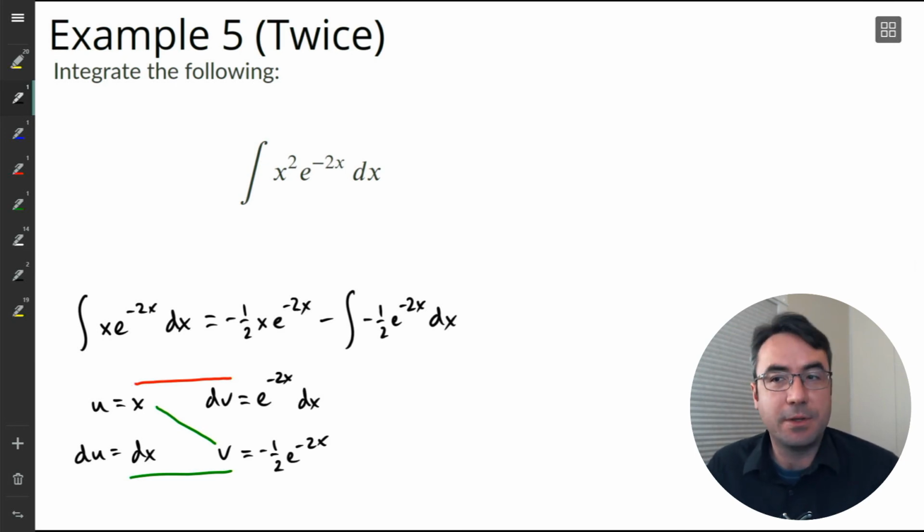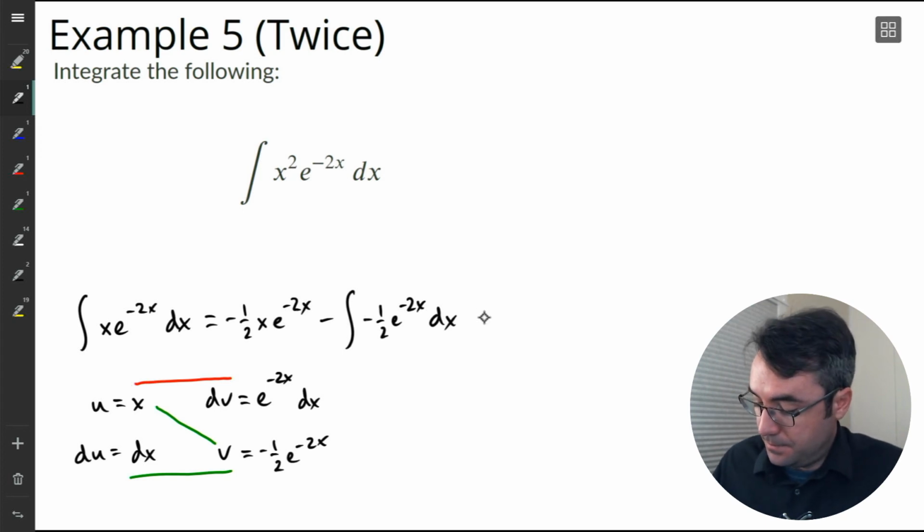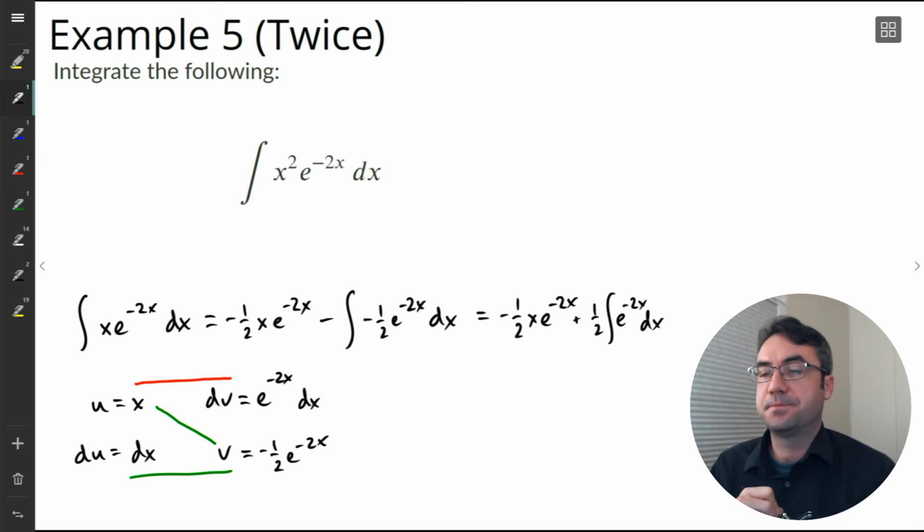And we have another double negative, so let's clean that up before we actually get to the integration. We're done with that first part. And then we're going to have plus 1/2 e to the negative 2x dx. Bring the 1/2 out front.